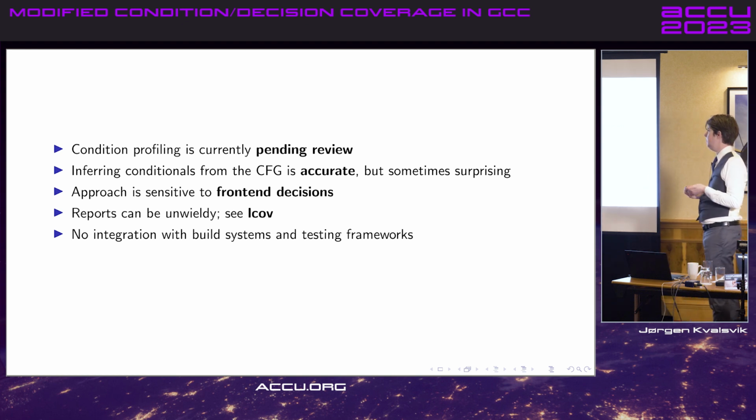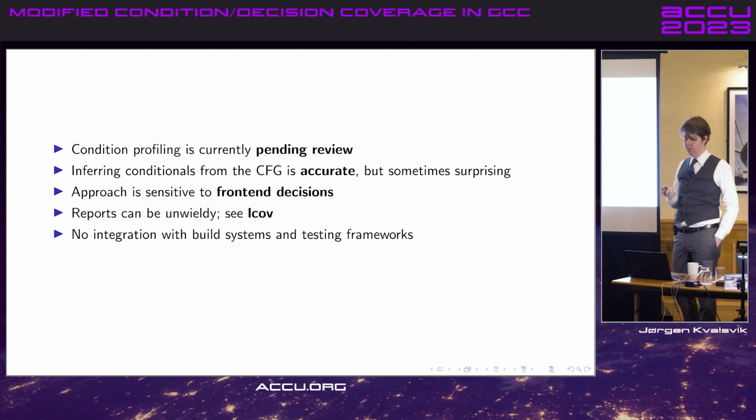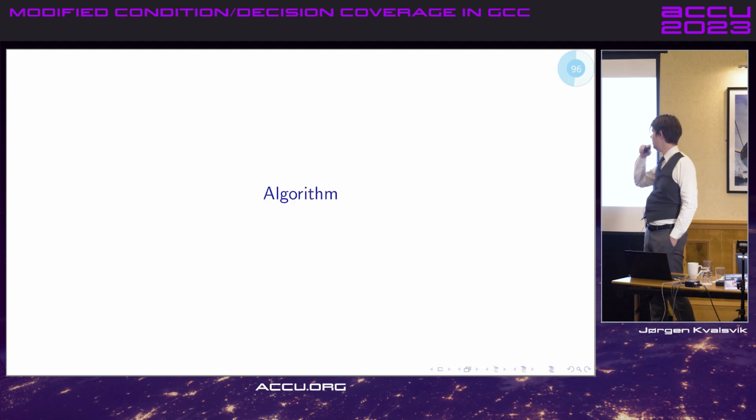Inferring conditions from the control flow graph is very accurate with respect to what the program is doing, but it's sometimes surprising because it could pick up on things that are not explicit in your source. The approach is very sensitive to front-end decisions, as we've already seen, and reports can be very unwieldy. So hopefully something like LCOV will pick this up. I have an idea on how. And currently there's no integration with build systems or testing frameworks. But to be fair, this has never been a good story for GCOV.